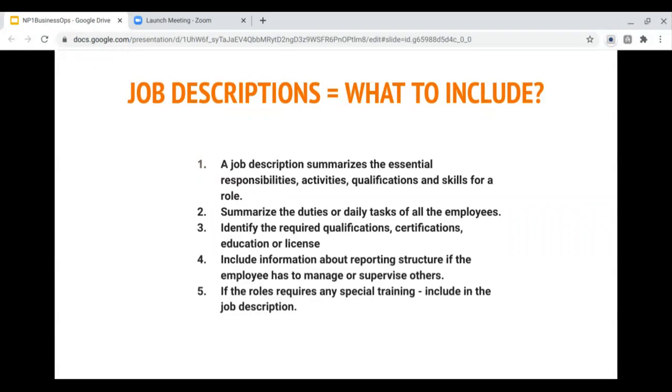That's where you want to include those things. You want to talk about their daily tasks, any sort of education they may need. You want to include information about any sort of reporting structure. So if they need to be managed or supervised in their role, that's where you want to make sure that you touch on those things, as well as any special training.